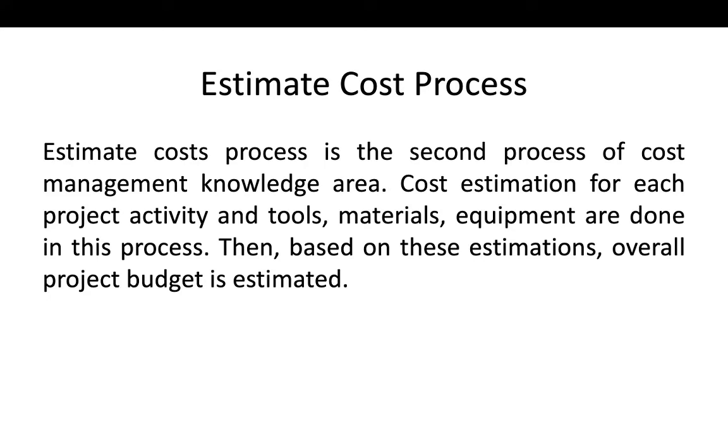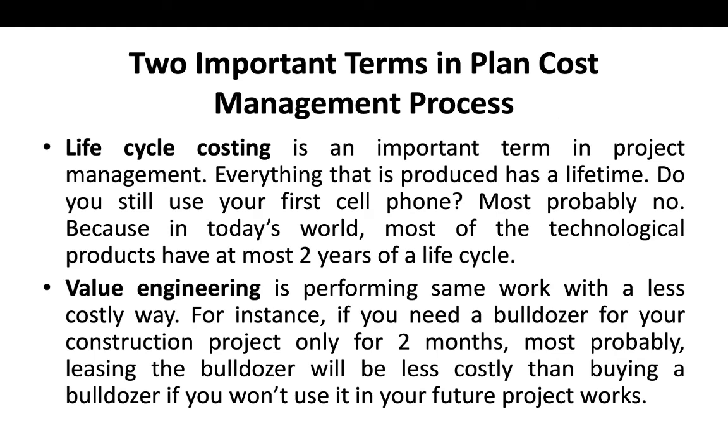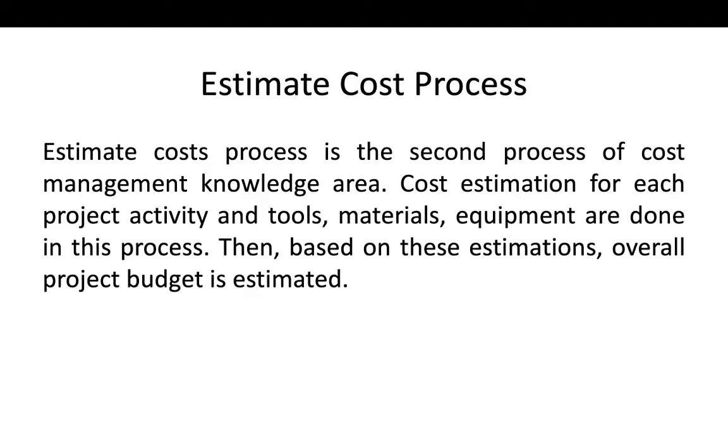So in the estimate cost process, whatever we planned in the first step, now we will start estimating all their cost. For example, in the first step, we planned what type of tools we need, and we do these two steps, life cycle costing and value engineering, for those tools.